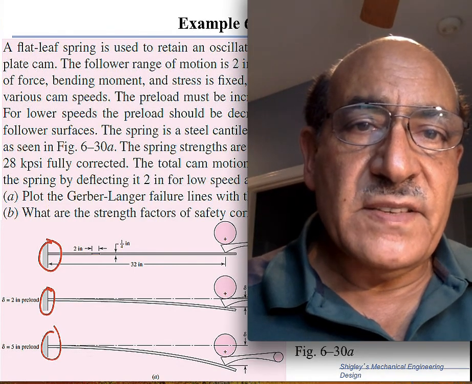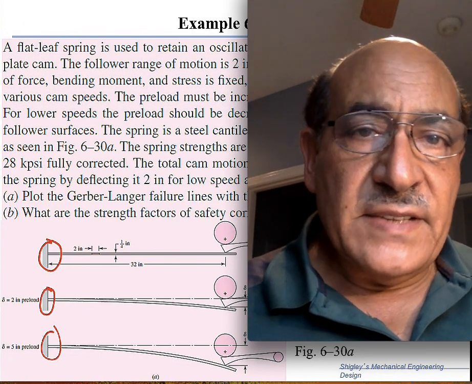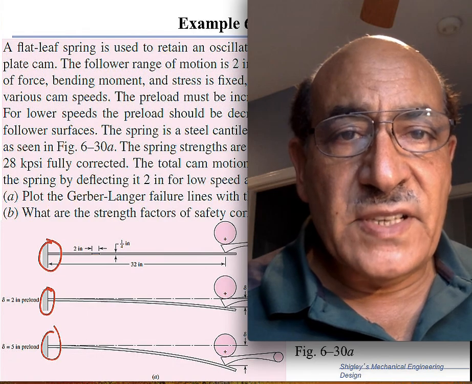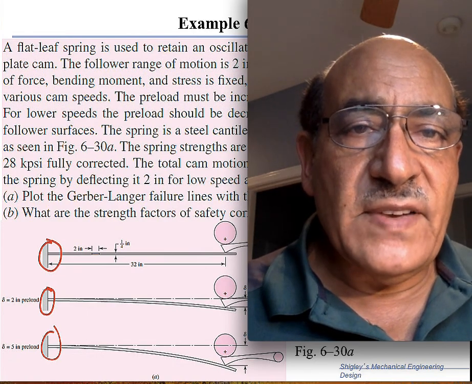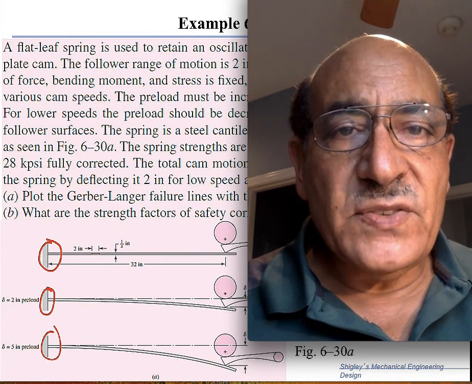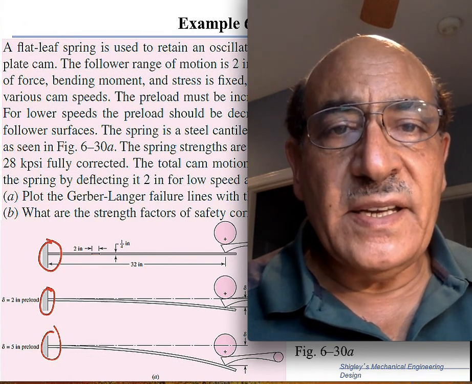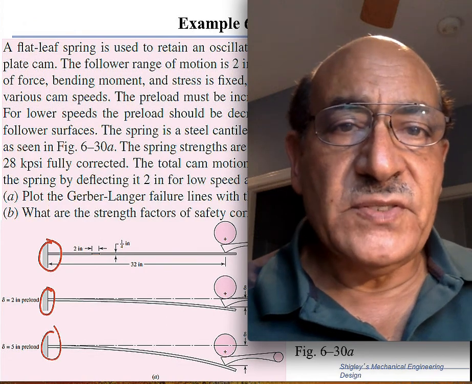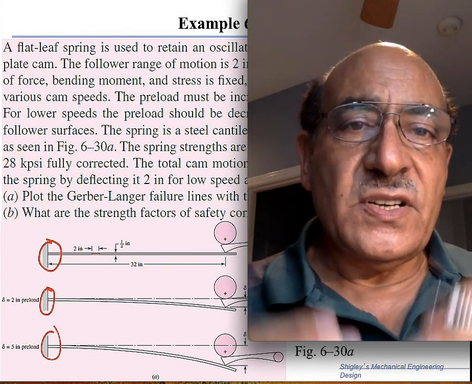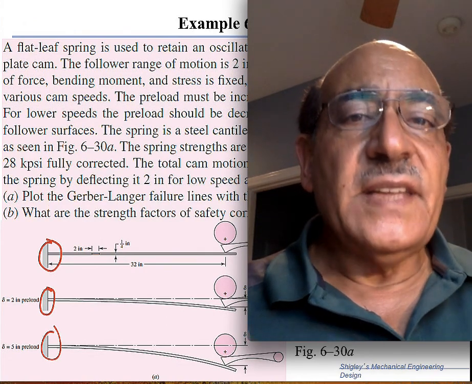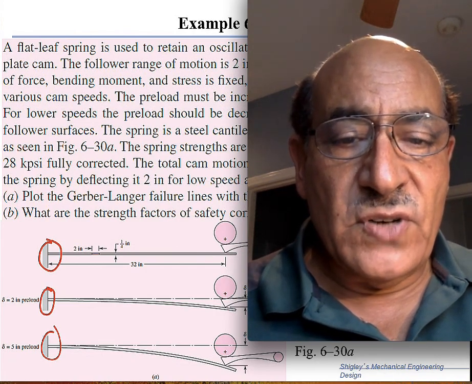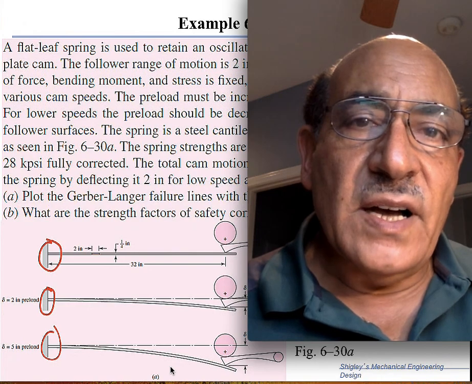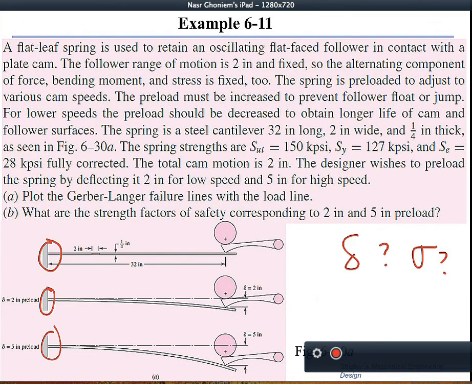So the first part of this problem is that, given a deflection, what is the moment that caused the deflection? Once we know the moment, we know the corresponding stress that will correspond to the deflection. So as the deflection goes up and down by 2", the stress is also going to oscillate with that, in addition to the mean value that is applied.